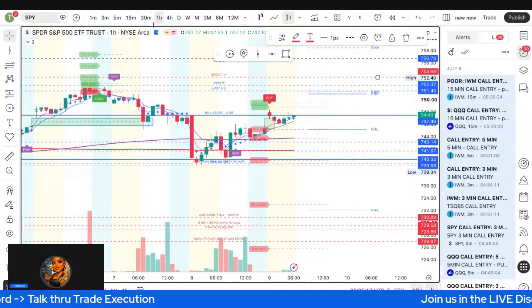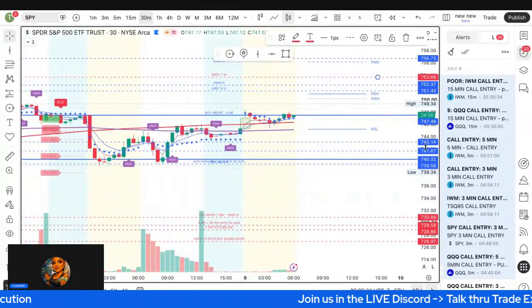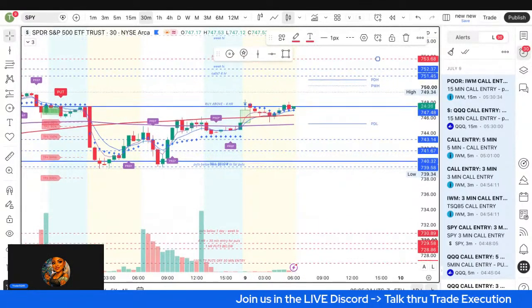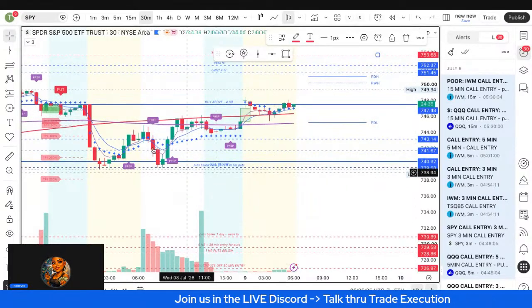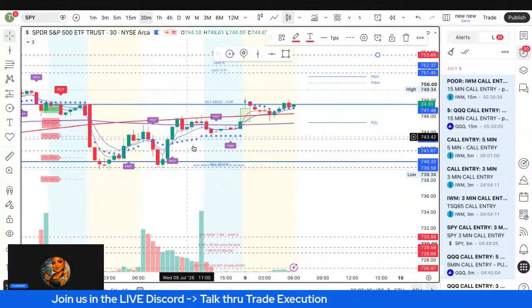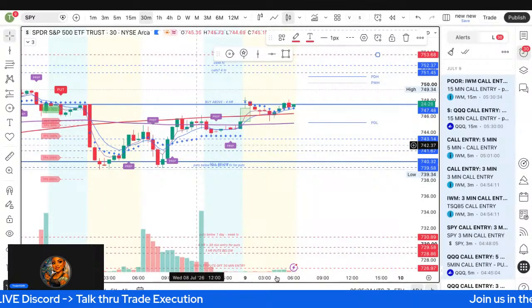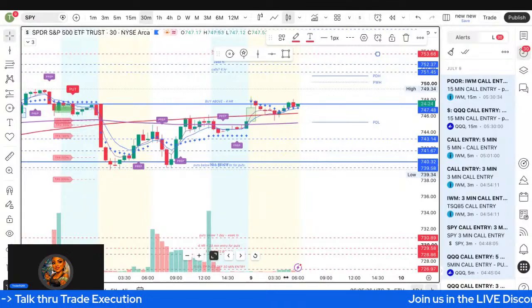I'm going to go out on a limb here and say that yesterday it looks like we were in a little bit of consolidation. We never really had a trend, and I'm starting to feel like this happened last week too.